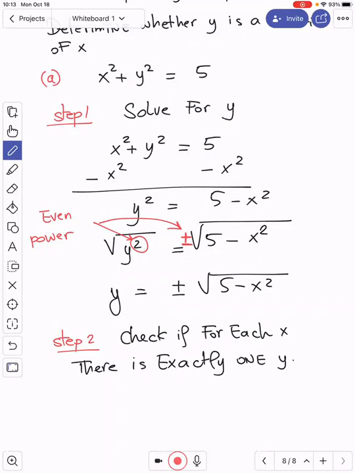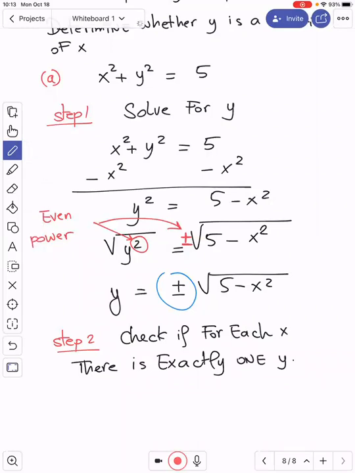Okay, so as you can see, because of this plus or minus, for each x you're going to have two possible outputs, or two possible answers, right?